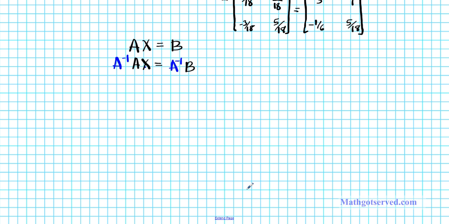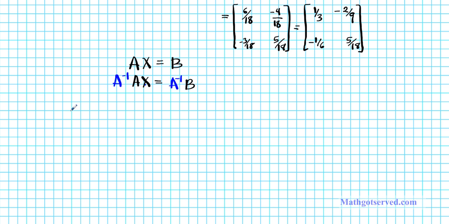So we're going to have, let me write my inverse matrix in blue. Okay, so let's scroll up so I can see it. We're going to have A inverse, which is the matrix 1/3, negative 2/9, negative 1/6, and 5 over 18. So this is A inverse, the inverse matrix.